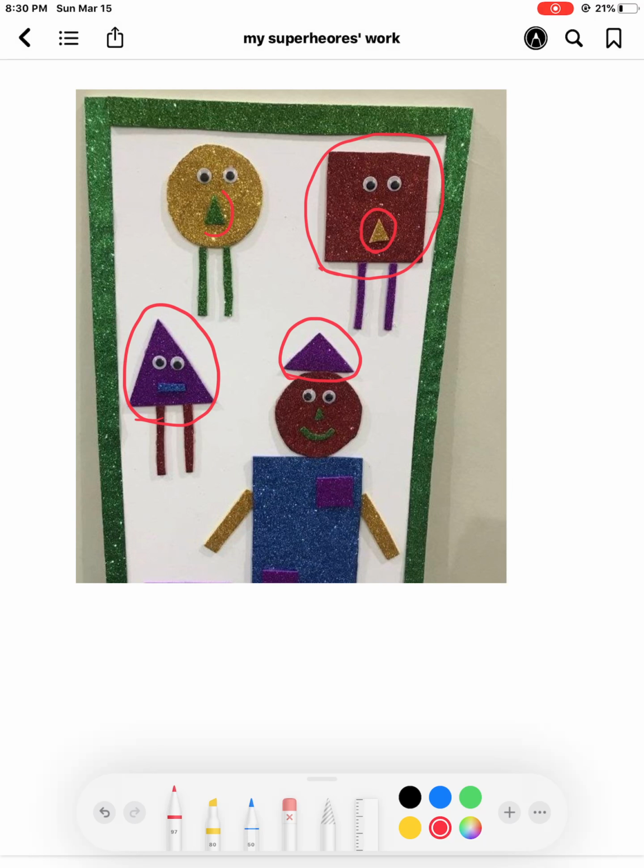He also used circles, like this one, and this one, and of course the eyes, those beautiful eyes for all those lovely shapes. And he used rectangles for the legs. Good job, Zaid. I'm so proud of you.